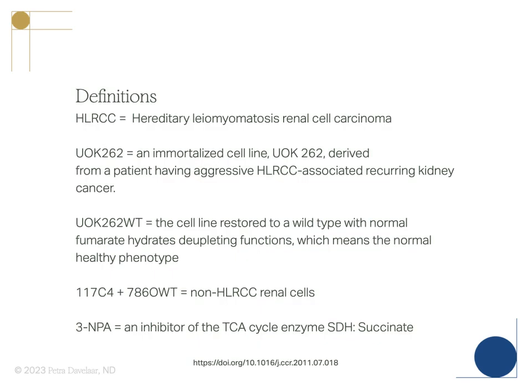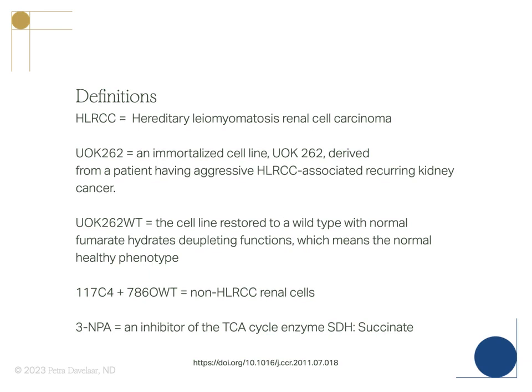To understand the electron microscope images and figures I will display next, let's cover a few more terms. HLRCC stands for hereditary leiomyomatosis renal cell carcinoma. UOK262 is the name of an immortalized cell line.